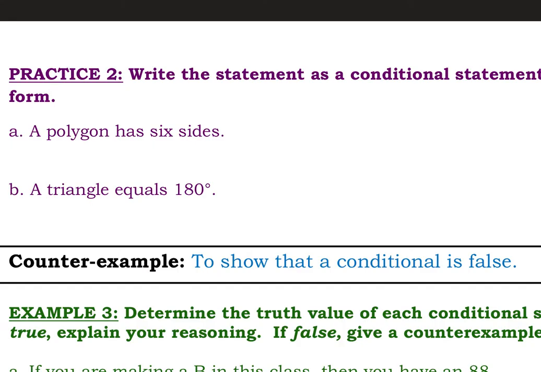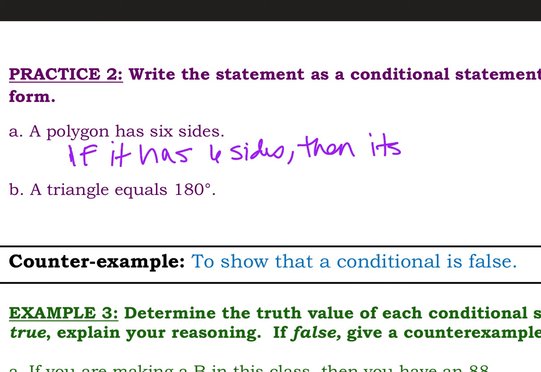Sides, then it's a polygon. Perfect. If it has 6 sides, then it's a polygon. If it's a polygon, then it has 6 sides, that's correct as well, okay? So if it has 6 sides, then it's a polygon. Good.